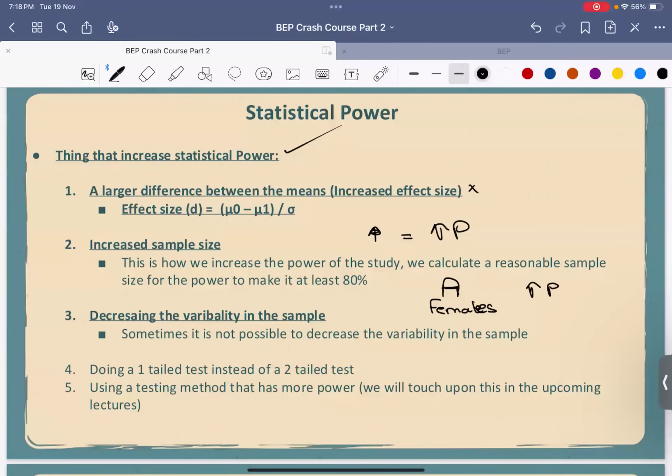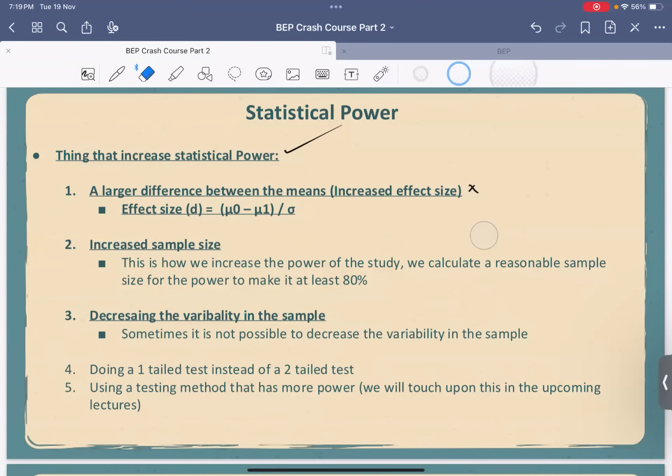If in the same sample we have someone that's 90 years old, white, and then a black 20-year-old female, that's very much variability within the sample, and that will decrease the power. But again, we can't always control the variability within a sample because we have to pick randomly. So the thing we can control to increase the statistical power is sample size.